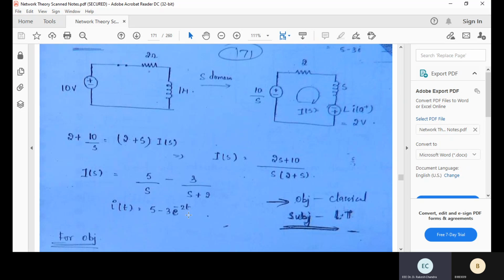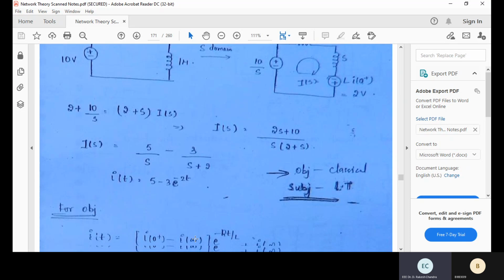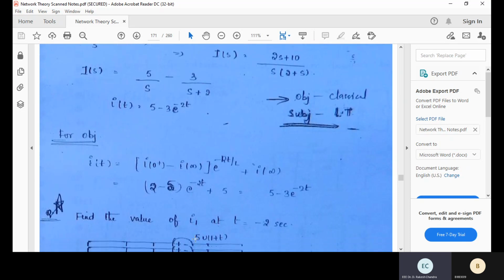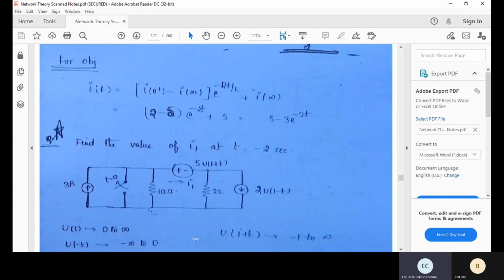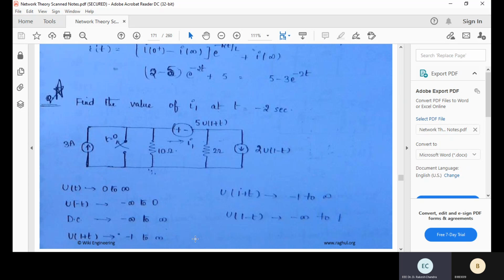But it may take some time. It may not be within 3 or 4 steps; it may take another 1 or 2 steps extra. That is the reason why the Laplace transform is the most appropriate method. So always the Laplace transform based approach is most appropriate for any type of problem.